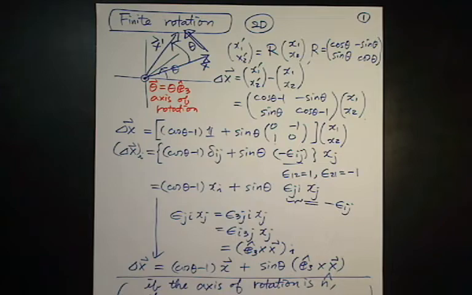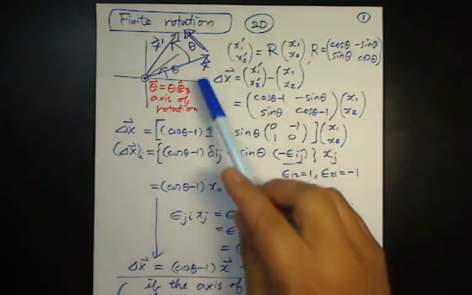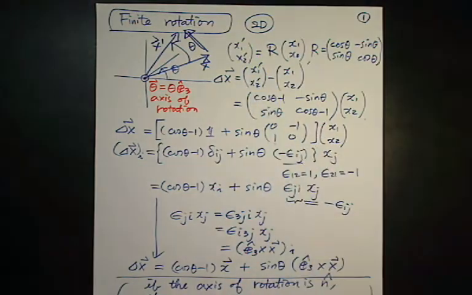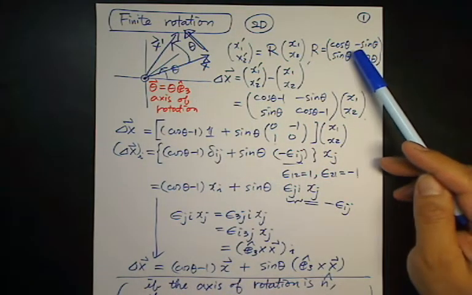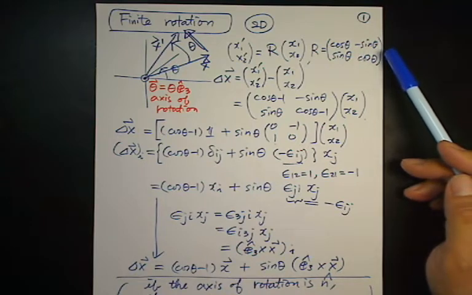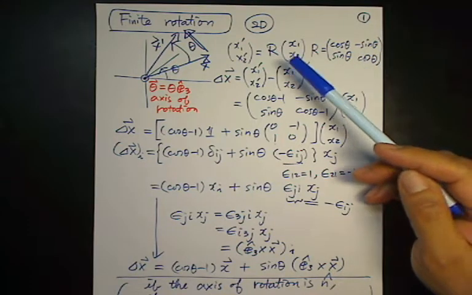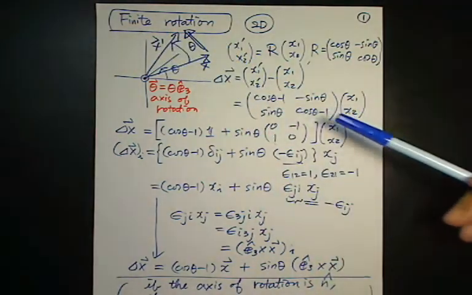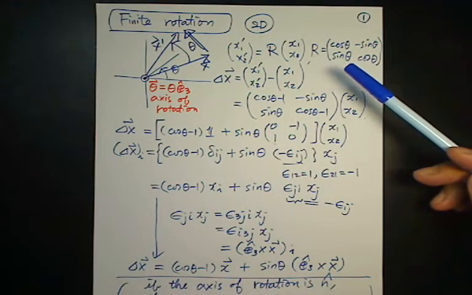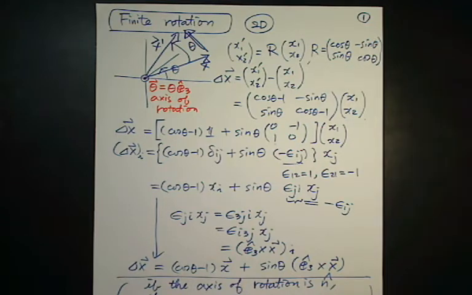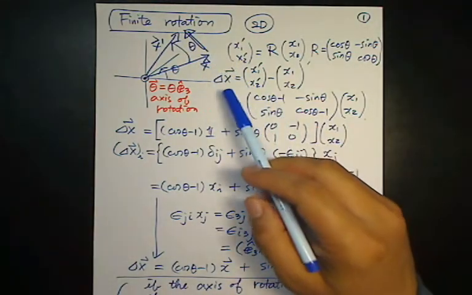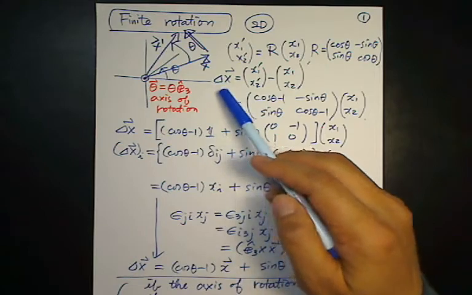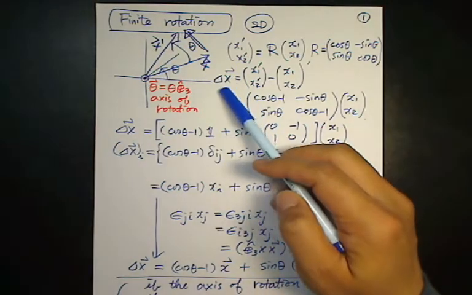Each component transforms like this: x1 prime is cosine theta x1 minus sine theta x2, and x2 prime is obtained as x1 sine theta plus x2 cosine theta. The difference between these two vectors is delta x, the resultant change due to the rotation.